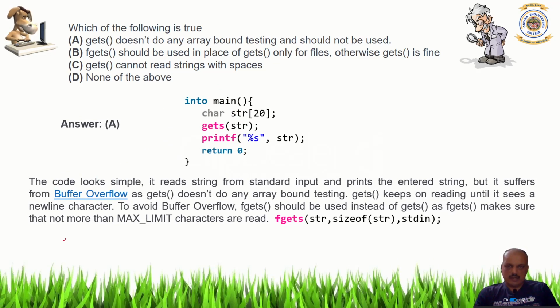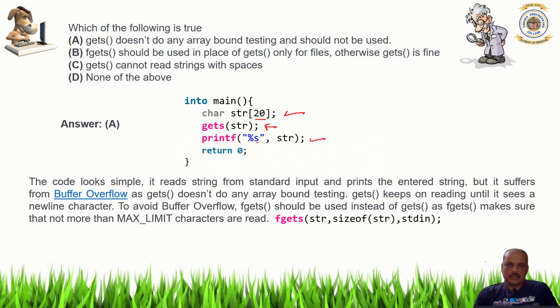What is happening out here? I have a character array, or a string, of 20 characters. So 20 memory spaces have been allotted for the character array named str. Next I use the gets command to read the string from the keyboard into the character array, and then I print it out.